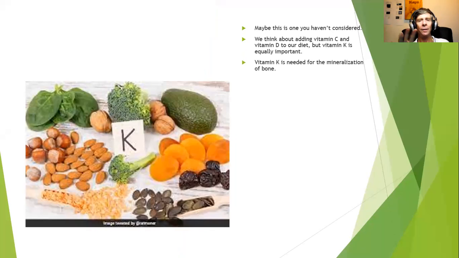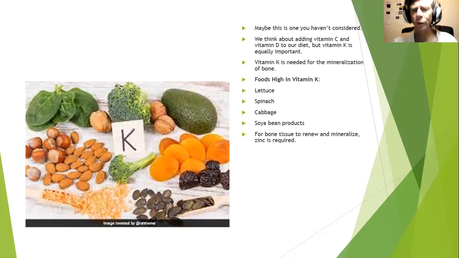Vitamin D helps to absorb the calcium into the bone and give bone density. But vitamin K helps in the mineralization to give you your bone density. Foods high in vitamin K include things like lettuce, spinach, cabbage, soybean products.